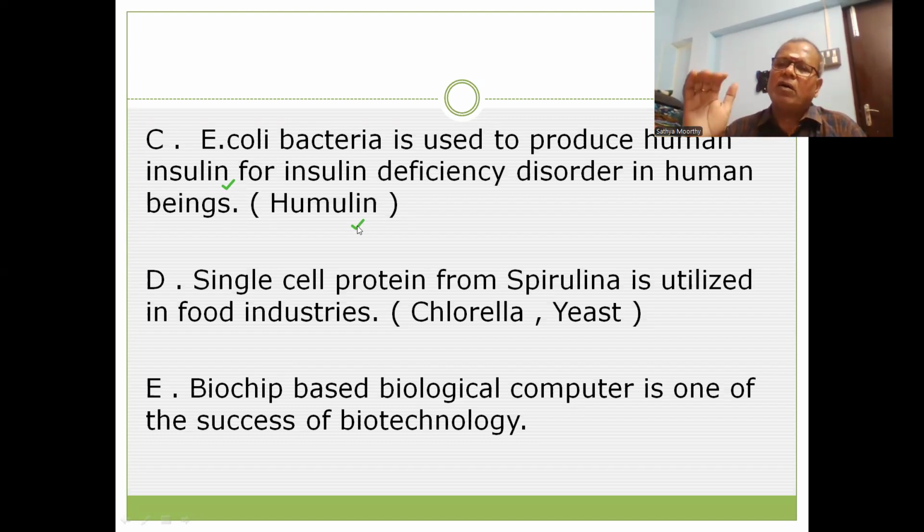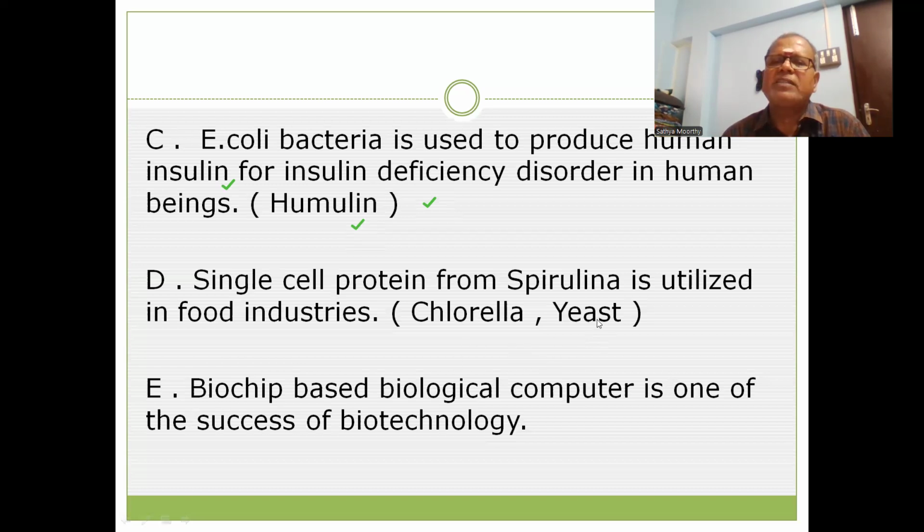If the secretion of insulin is reduced, then it leads to hyperglycemia, an increase in blood glucose level. To control or maintain the blood glucose level, doctors suggest taking insulin. That insulin we are getting from the industrial bacterium E. coli. The insulin is said to be humulin.